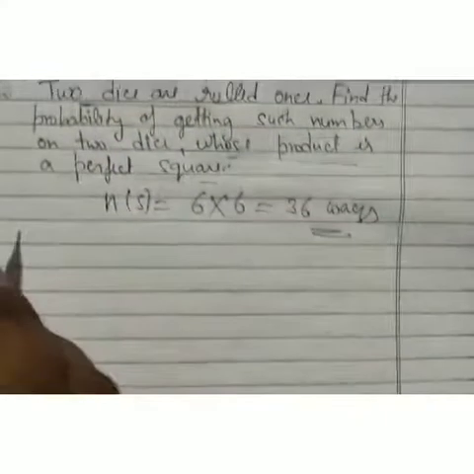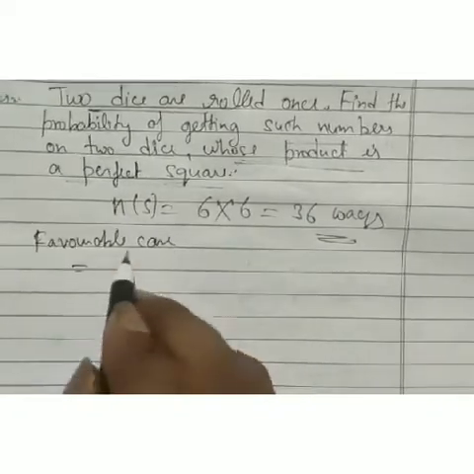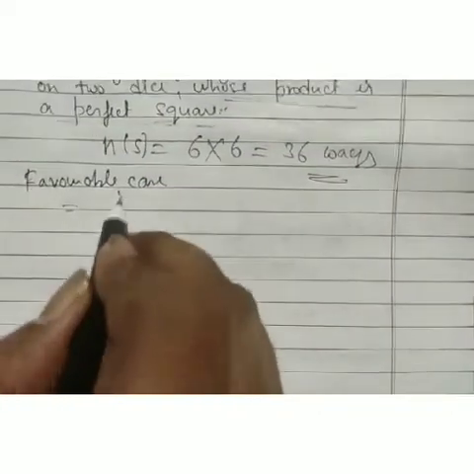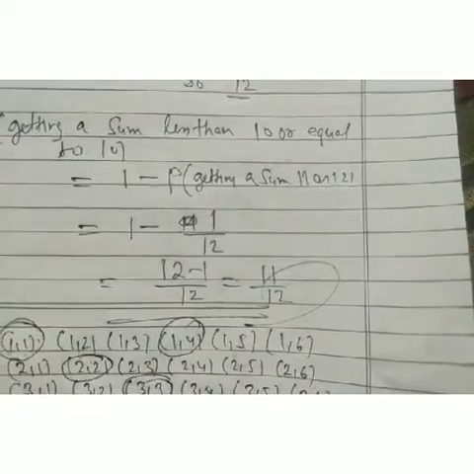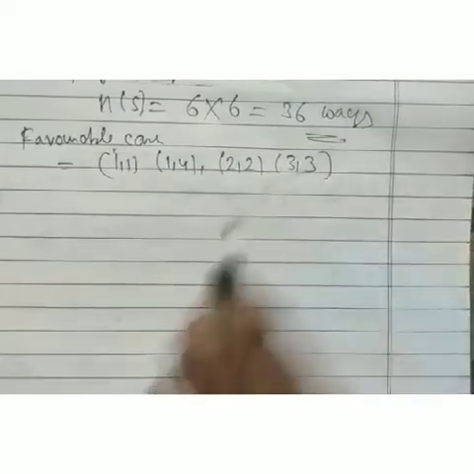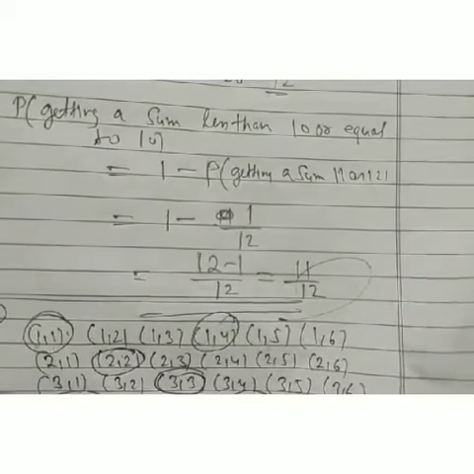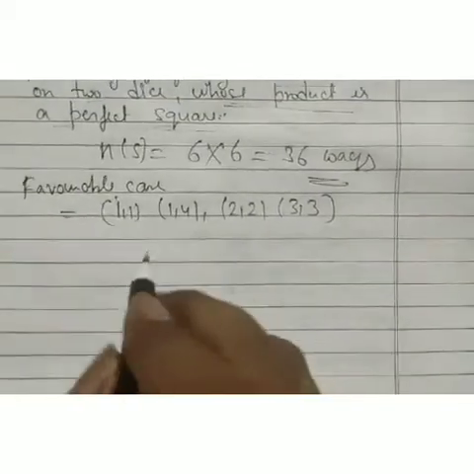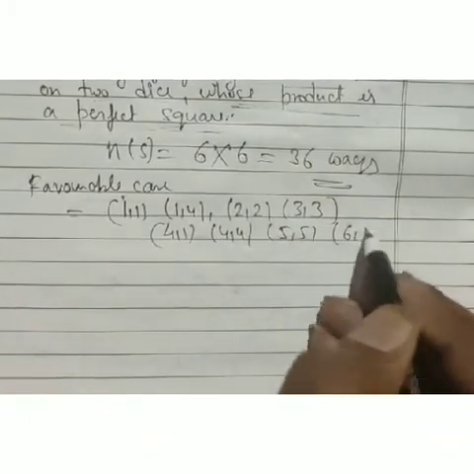Now our favorable cases are 1 1, 1 4, 2 2, 3 3, 4 1, 4 4, 5 5, and 6 6.